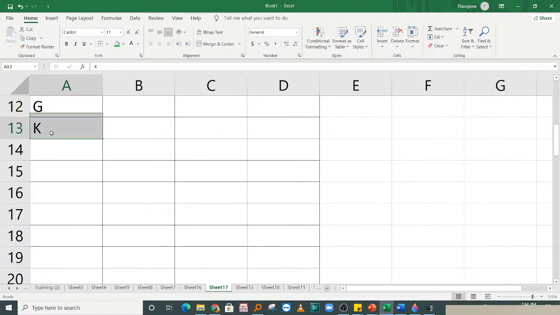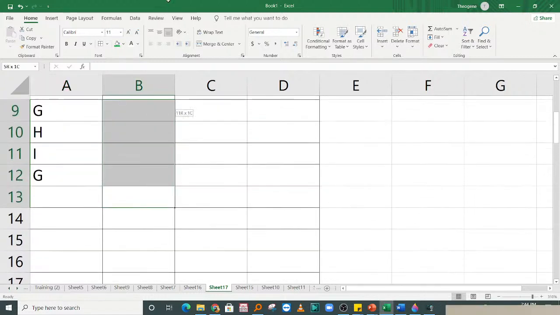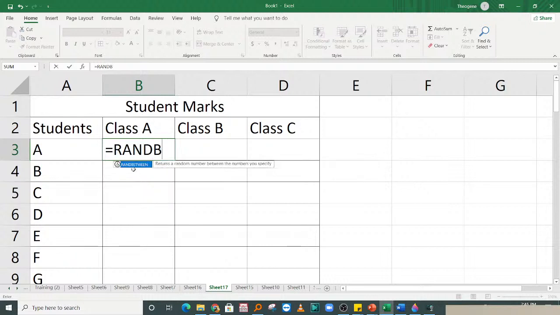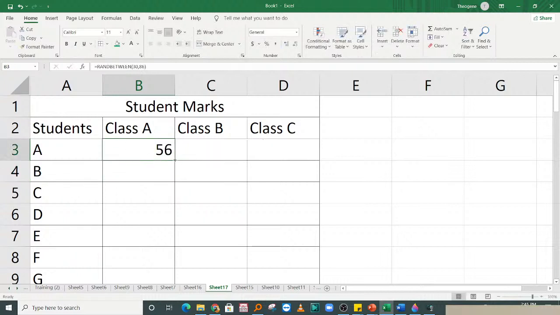That will be easy. So 10 students, and we have class A randomly, like we saw in previous videos. So I can randomly pick the marks. Let me say in class A it's around 30 and 69, and 86. Then we move down.